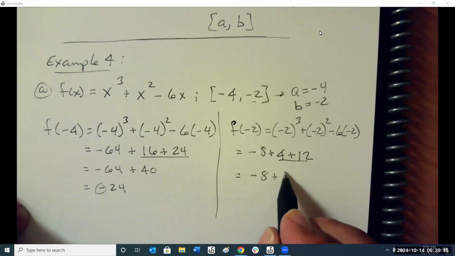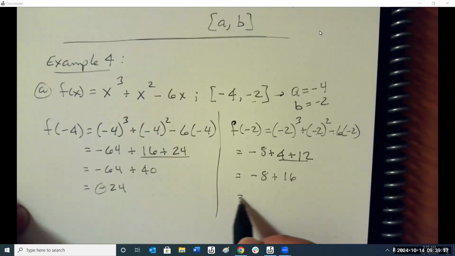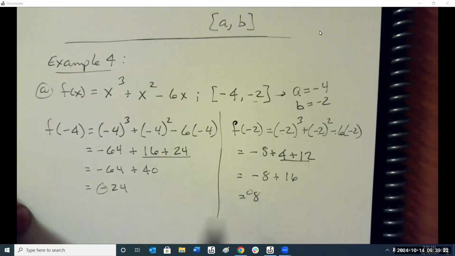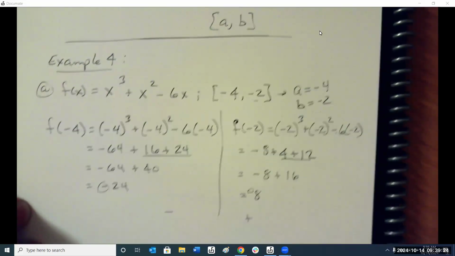12 plus 4 is 16. 16 minus 8 is 8. And this one's positive. So this one's negative, this one's positive.